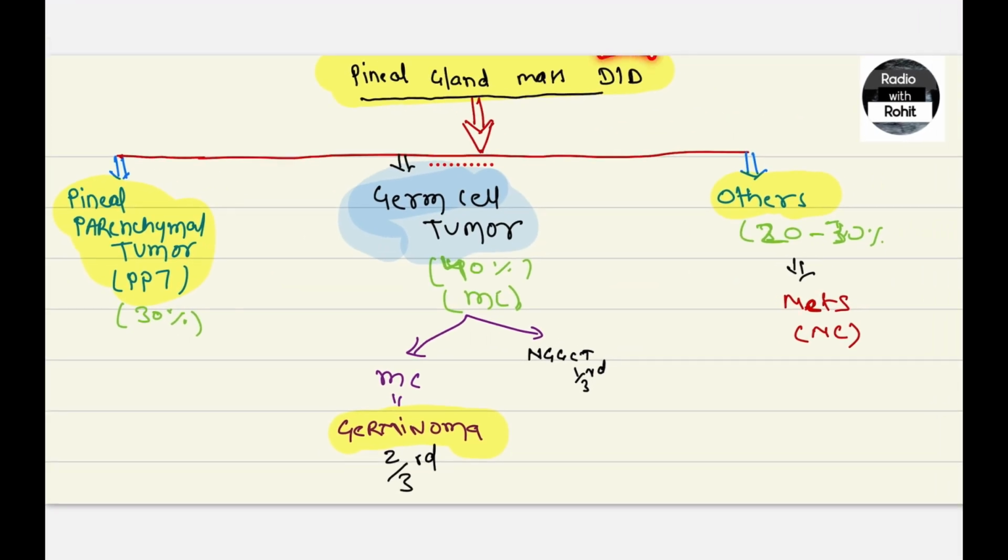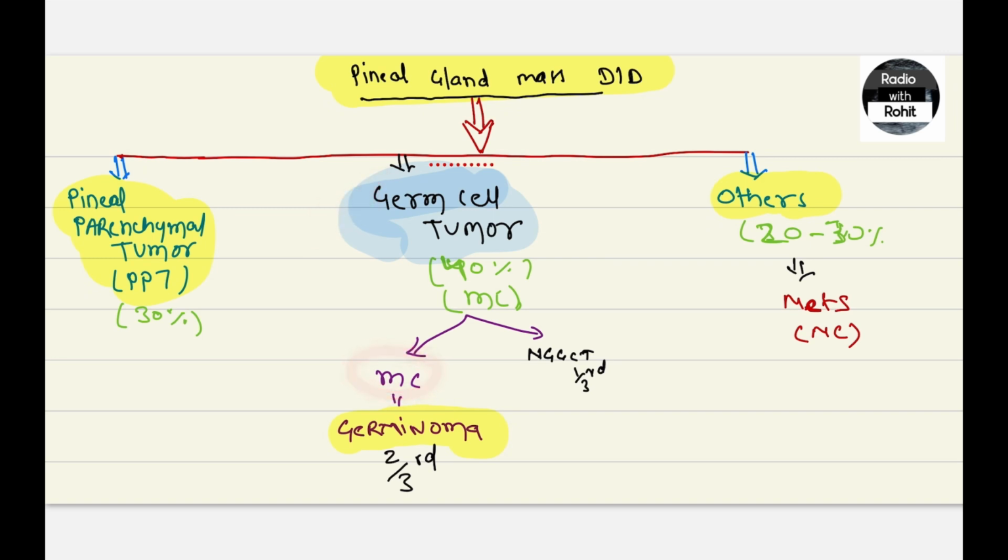Pineal gland mass differentials are divided into three categories. First, the masses originating from the pineal parenchymal tumor, which constitute 30% of all the masses. 40% of the masses, the majority, arise from the germ cell, so we define them as germ cell tumors.